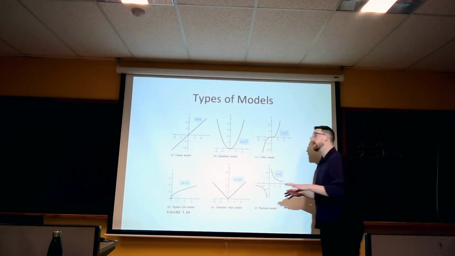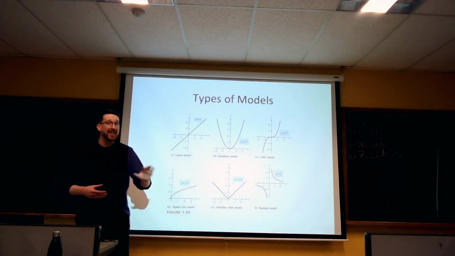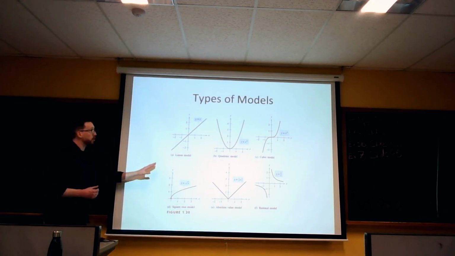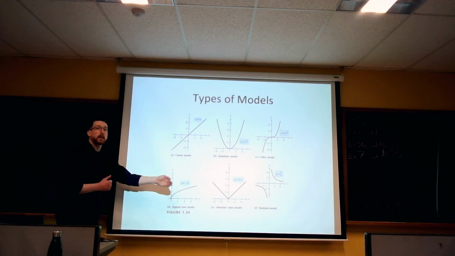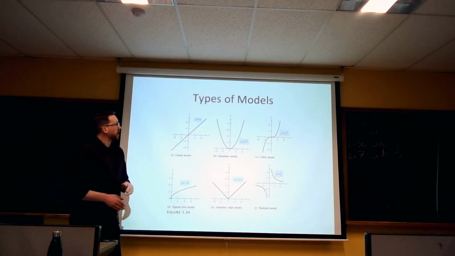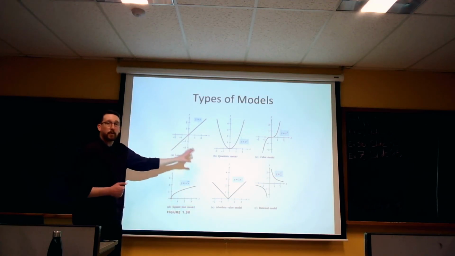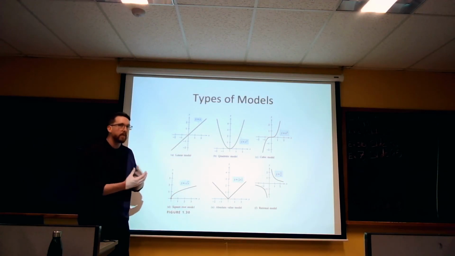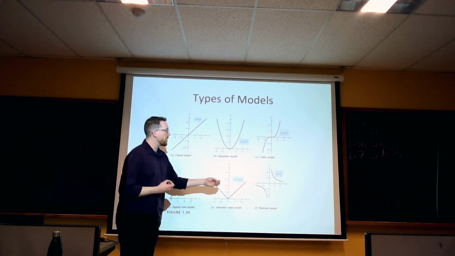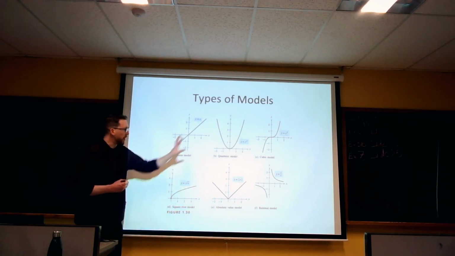The reason why I want to point these out to you is because recognizing these right away will get you a long way in this class insofar as graphs are concerned, right? If I presented you with a graph and you knew all these different types of models, you could generally figure out what the equation might be just by knowing what these look like.